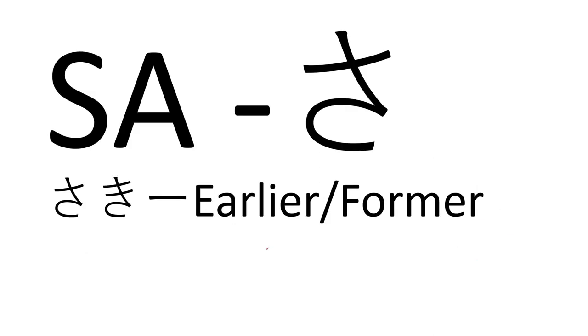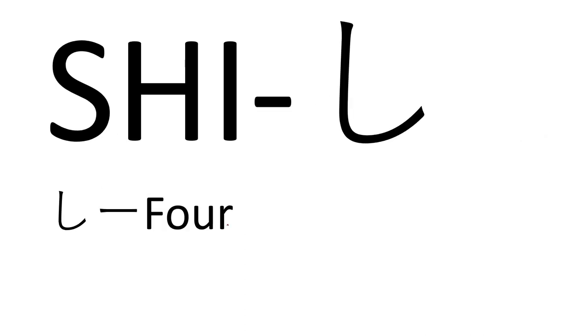The next one is Sa. First stroke, second stroke, and the third stroke. So the word with it is saki, means earlier or former. The next one is Shi.